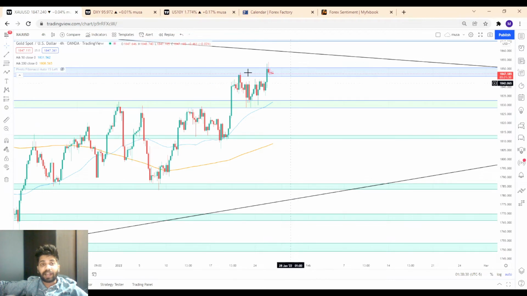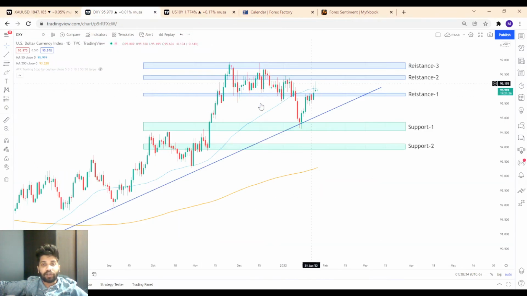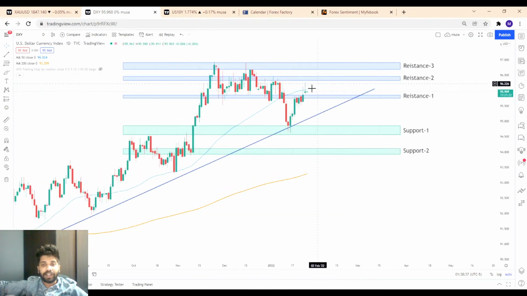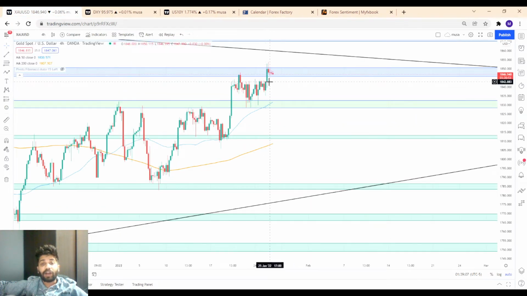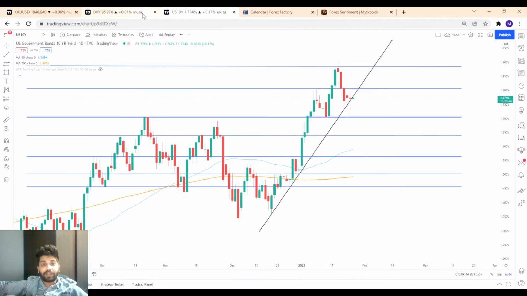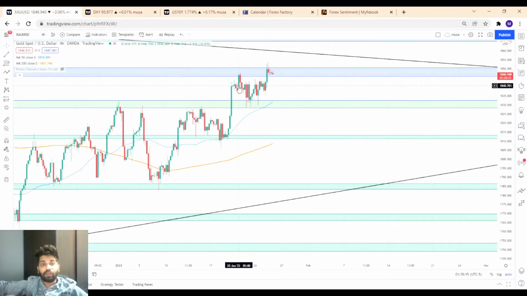I want to show you some interesting facts. The first one is on the dollar index. As we see, the dollar index is continuously in an uptrend, and yesterday it broke this resistance area and the price is moving above it. Let me give you a reason why the price of gold went up even after the dollar index went up. It is expected that gold goes down when the dollar index goes up.